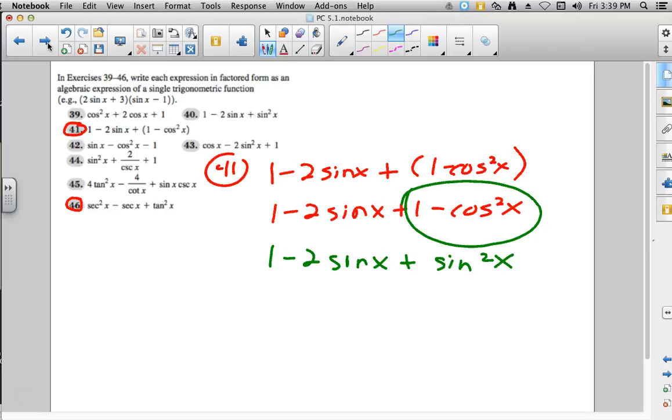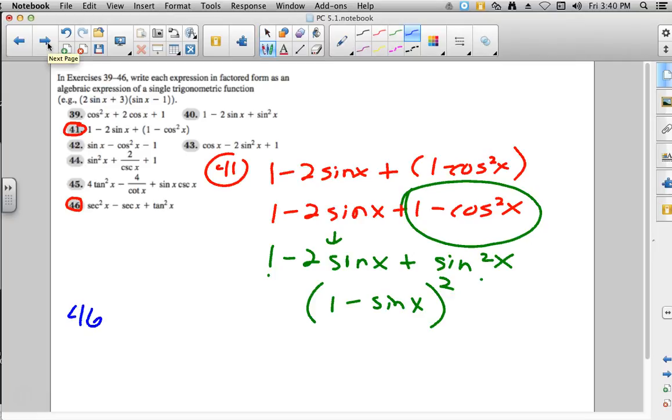And then they said we should go ahead and factor this. So this is going to be a perfect square. Now, how do I know that? Because I've got a perfect square in the front, I've got a perfect square in the back, and if I multiply 1 times sine of x and double it, I get the middle term. So this is 1 minus sine of x, squared. And there it is. That's 41.